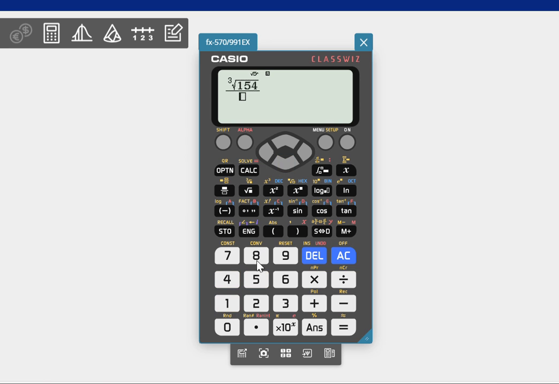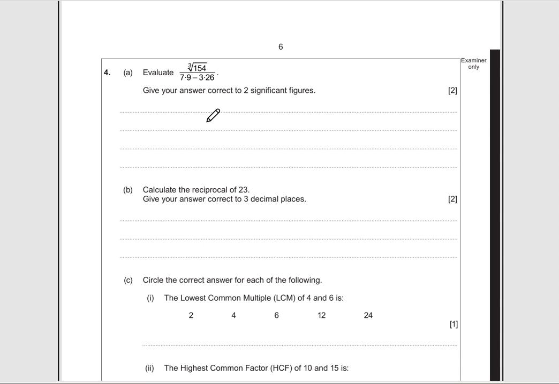And then down takes us to the denominator, 7.9 minus 3.36. And that's going to give me an answer of 1.155.